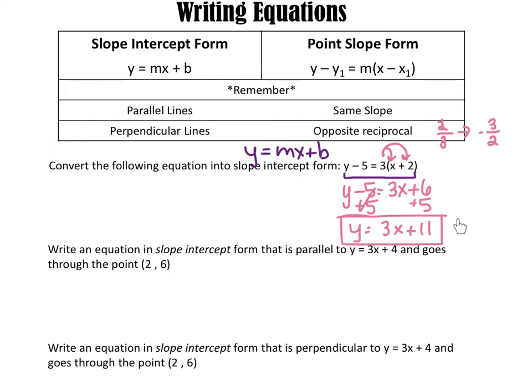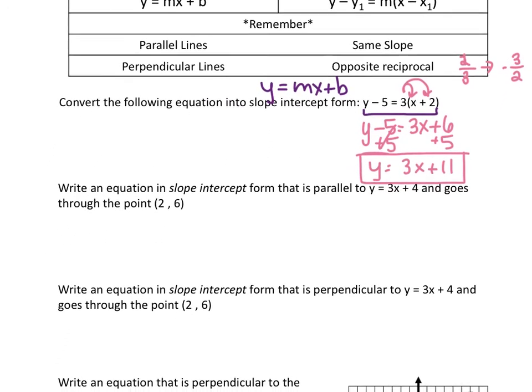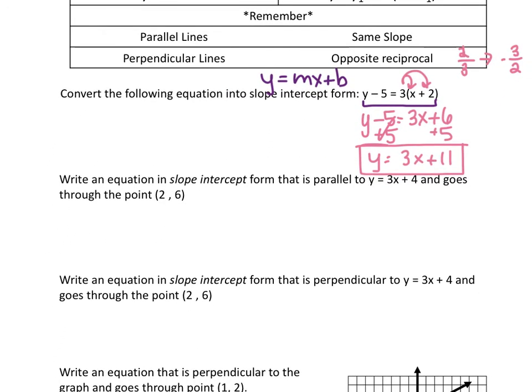If you were to graph both of these, it would be the same line on a graph. Alrighty, so moving forward, we're going to be writing in slope-intercept form, again, y equals mx plus b, a line that is parallel to this line right here and goes through the point (2, 6).